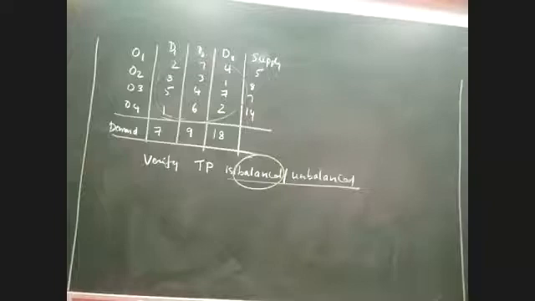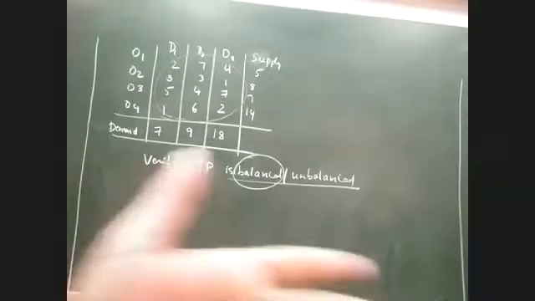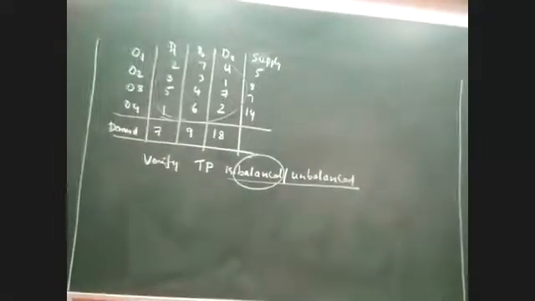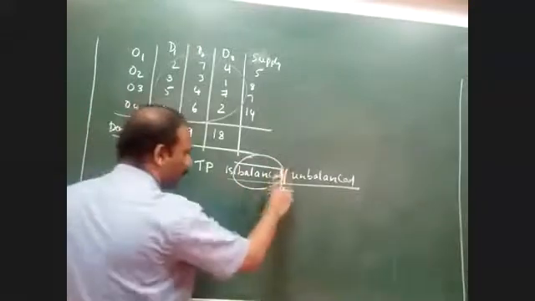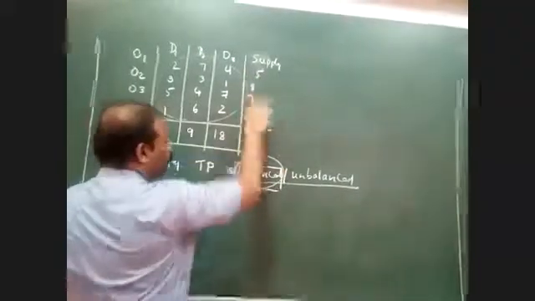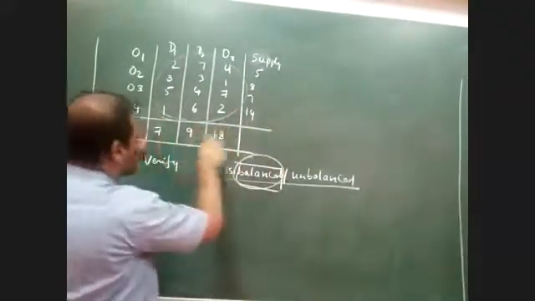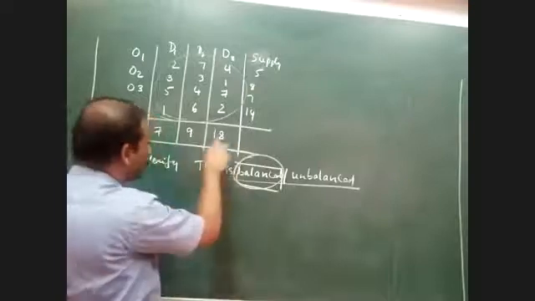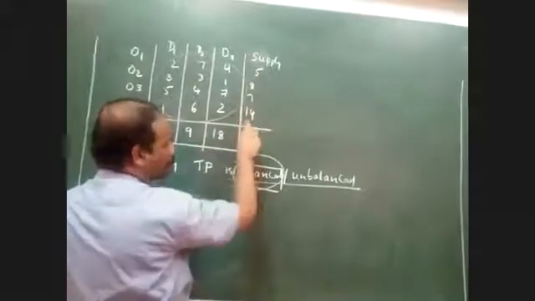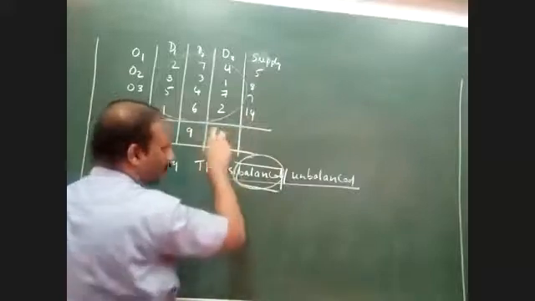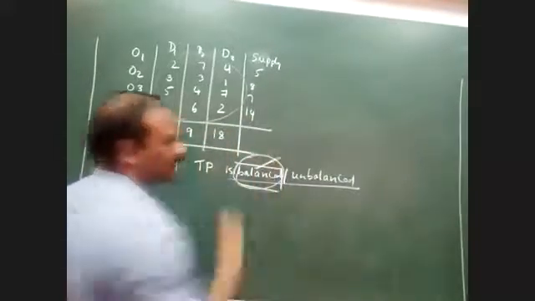If it is not balanced, then we cannot proceed with the question. It has to be balanced and then we have to solve the problem. As he rightly pointed out, the way we identify whether it is balanced is that the total of supply should be equal to the total of demand. This three values total should be equal to this value. If both the totals are the same, then we call it a balanced problem.